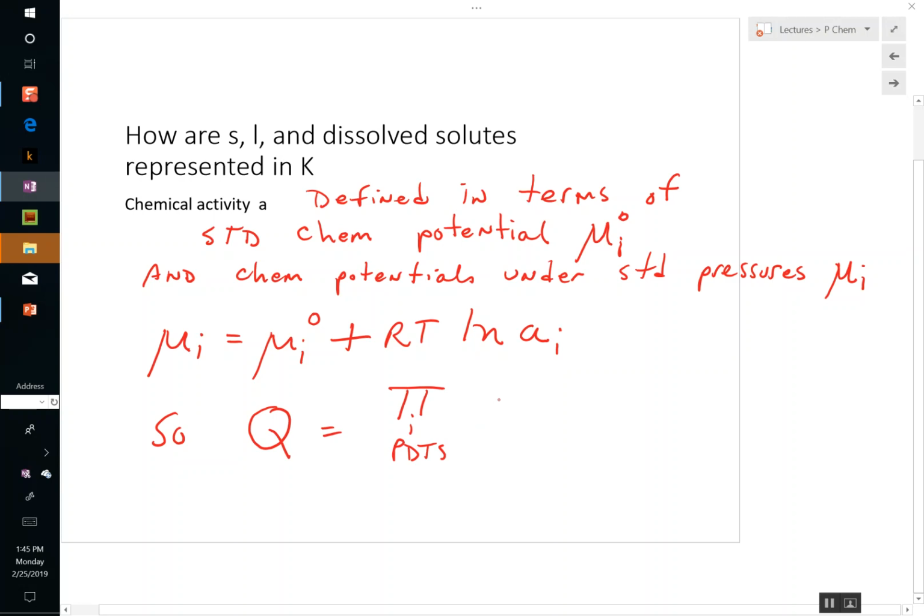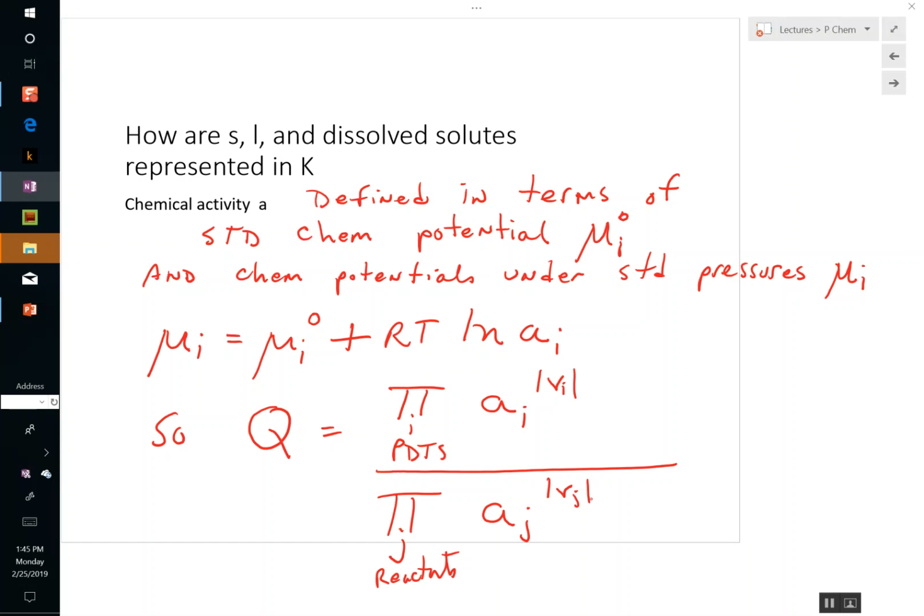It is going to be the a_i's to the nu_i's, the coefficients of the products, and then we have one for the reactants, the a_j's of the reactants, and the absolute value of the coefficients of those reactants.